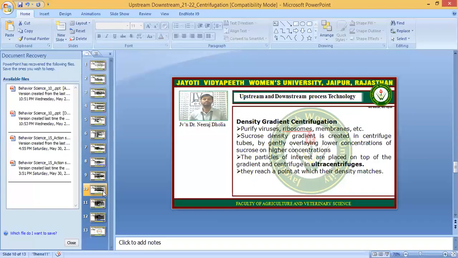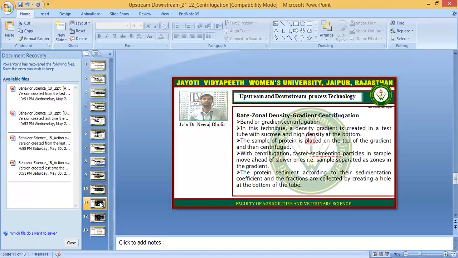So from bottom to top, there is a constant gradient of sucrose. The particles of matching densities will settle at similar densities of the sucrose. So they reach the point where they find their density matches.